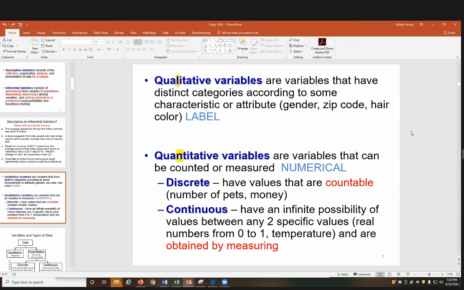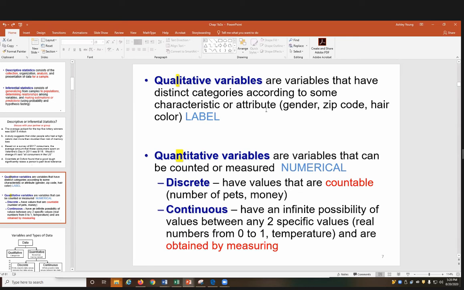Perfect. Thank you. Excellent. So you'll notice between qualitative and quantitative, one of the differences is that qualitative has an L in it, and quantitative has an N in it. I like to grab that L and use that for label. These are all labels. Zip code, yes, zip code is technically a number. 94566 is my zip code, but does that really have a numerical value to it?